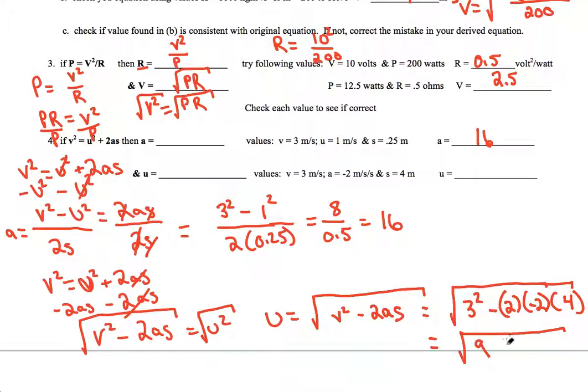A negative negative turns it into a positive. 2 times 2 is 4, and 4 times 4 is 16. And so this is radical 25, which is equal to 5. So those are the ones that kind of stood out to me of the ones that people missed the most.